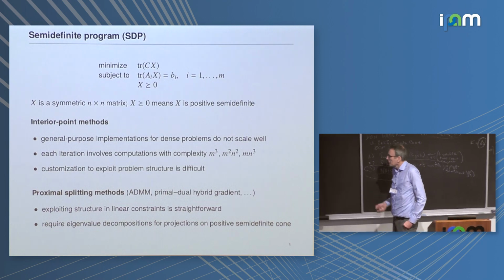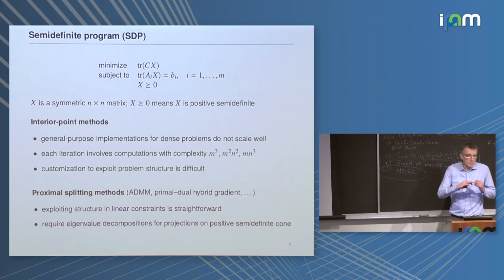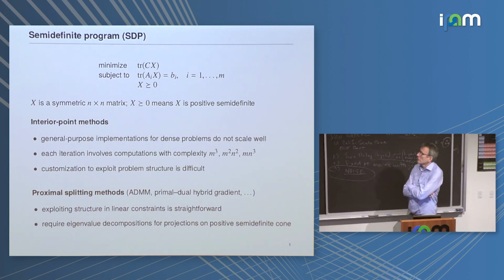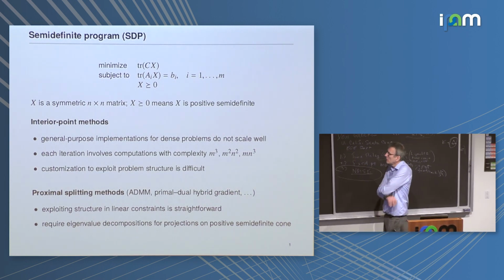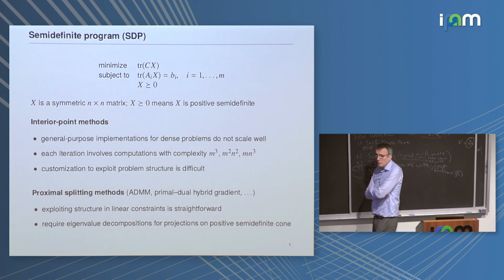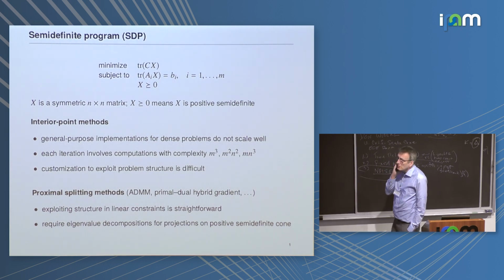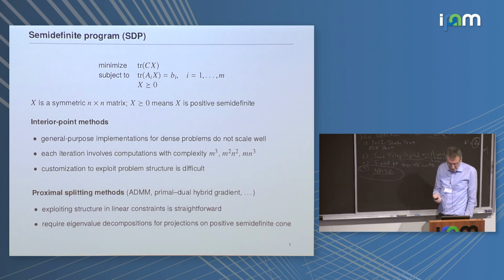In those methods, it's very straightforward to exploit linear structure in the equations, because you just have to multiply with the coefficient matrices or solve linear equations defined by the linear constraints. But you still have the problem that in the standard proximal methods, at each iteration you have to project on the positive semi-definite cone. And that requires an eigenvalue decomposition. X in general is a dense matrix, so that would add a term n cubed to the complexity. So that's also quite high.